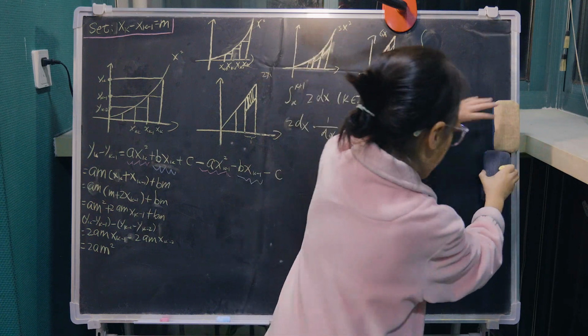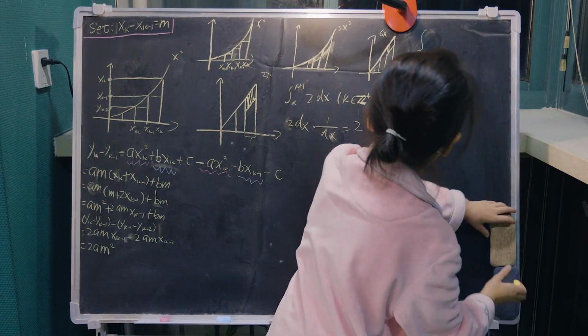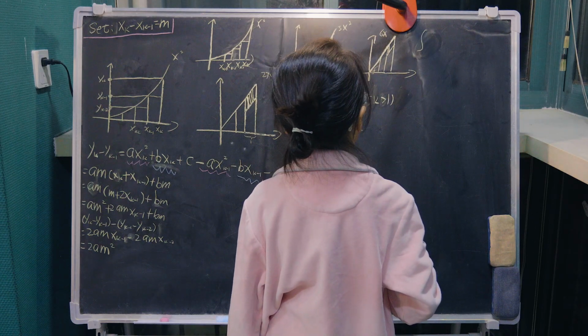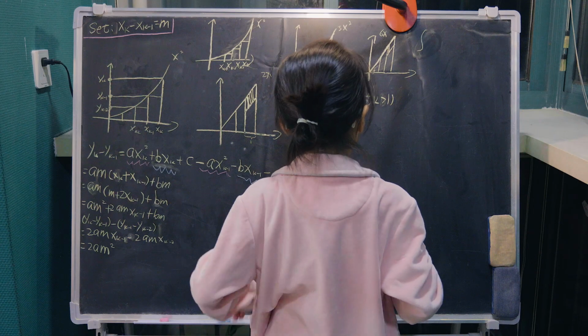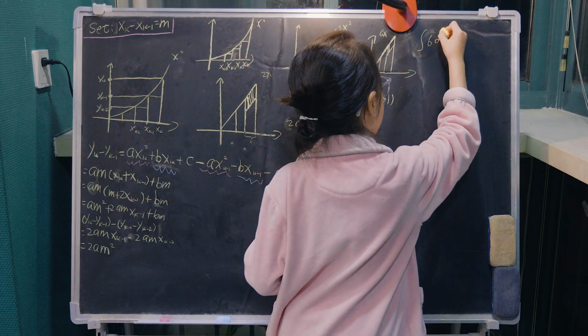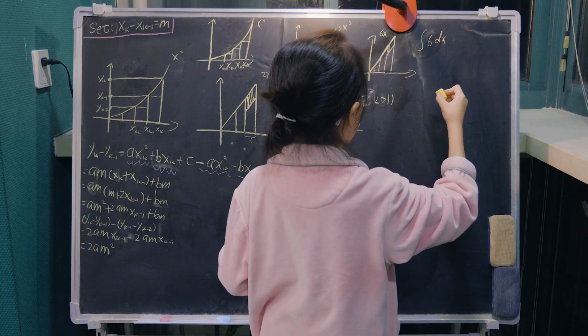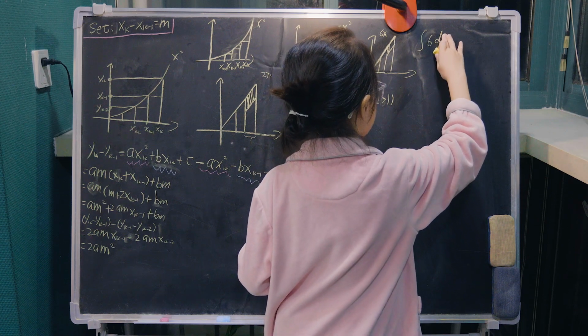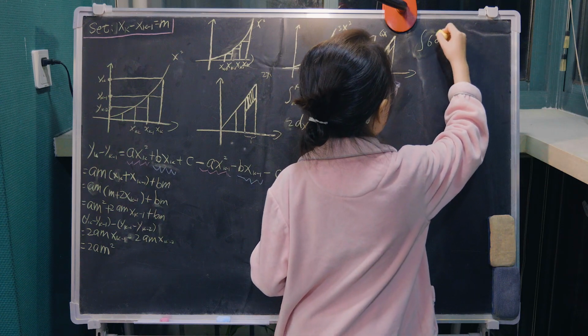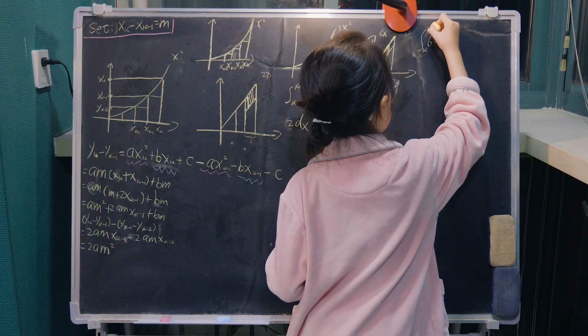We can write the integral, and then what's the integral? So first, let me think. Integral and then 60x, and of course it's from k to k plus 1.